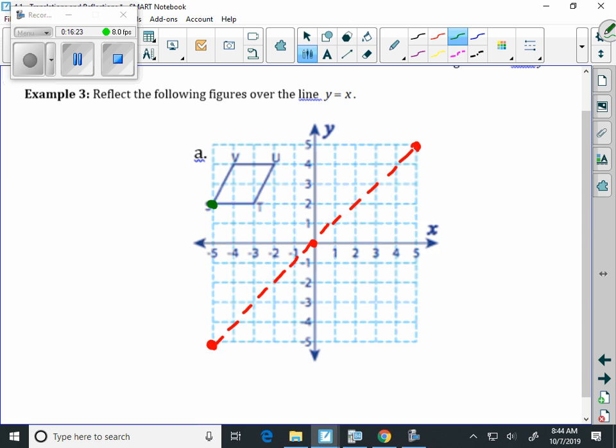We're going to count down to the red line from our point S: 1, 2, 3, 4, 5, 6, 7. Since we went down 7, we're going to go 7 spaces to the right, which puts us on the other side of the red line. This is our new S.